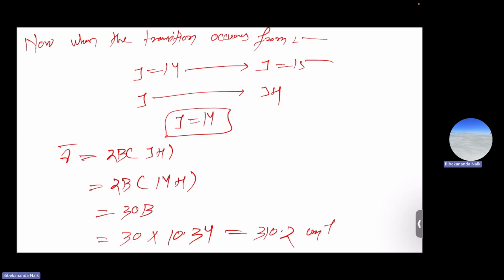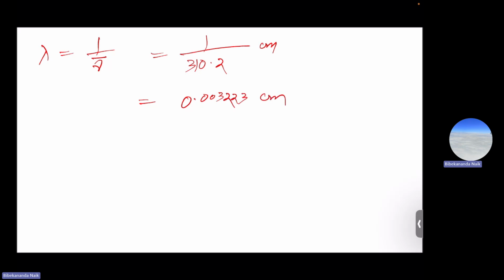which is 310.2 centimeter inverse. Now wavelength is 1 by wave number, so it will be 1 by 310.2 centimeter. So it is 0.003223 centimeter, and the options are given in micrometer.